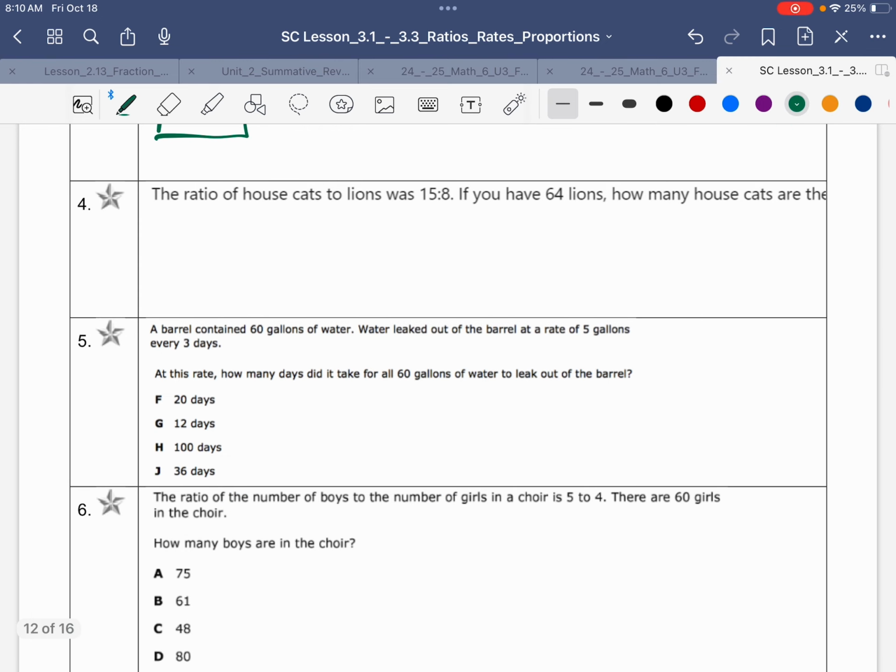The ratio of house cats to lions was 15 to 8. If you have 64 lions, how many house cats are there? Cats, 15. Lions, 8. So now if you have 64 lions, it says how many house cats would you have?